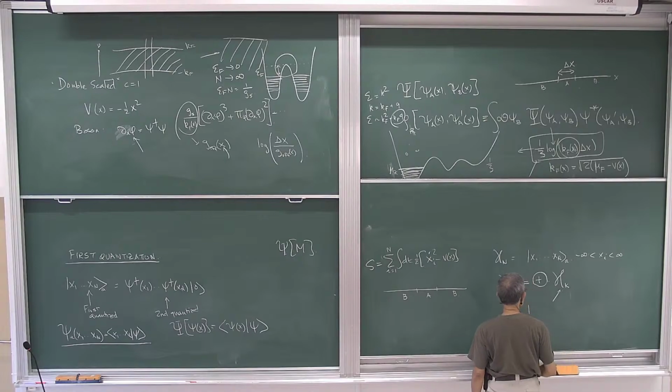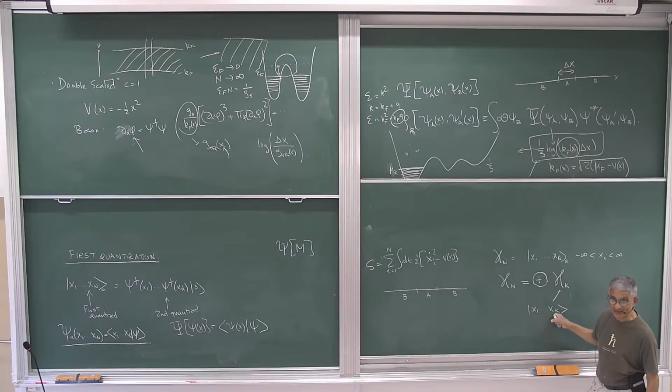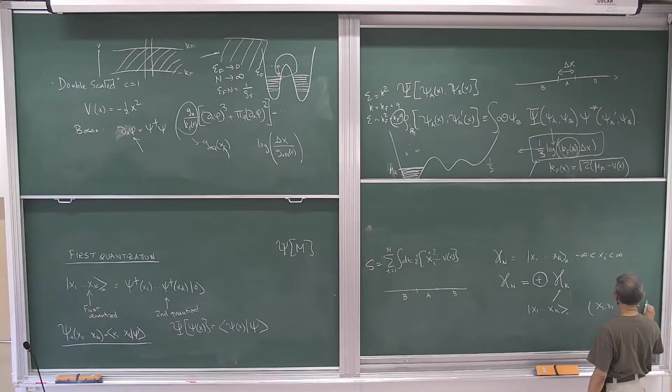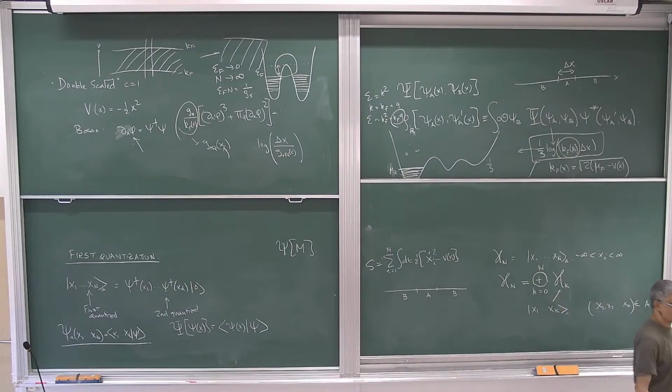Just write it like that. A set of vectors where you have k, not n, of the particles, again antisymmetrized, with the condition they all lie in that interval A. And k goes from 0 to n.